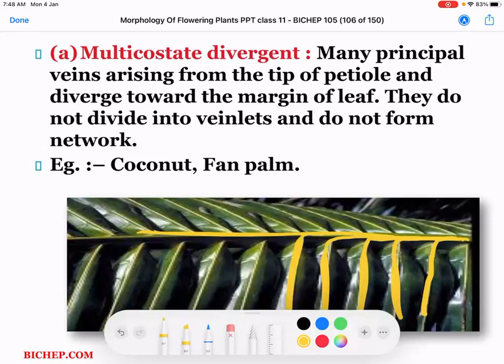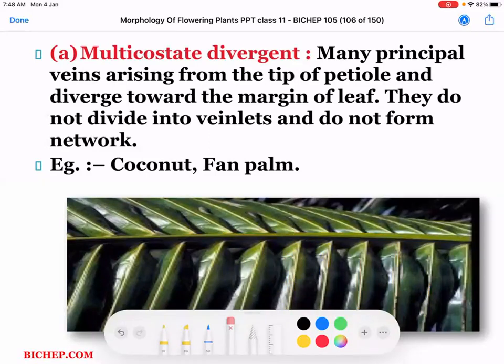These are all chief midribs only, right? They are going towards the margin of the leaf blade, and they do not produce further veinlets like these. They do not produce veinlets. Ready? So that's the difference between reticular and parallel venation.